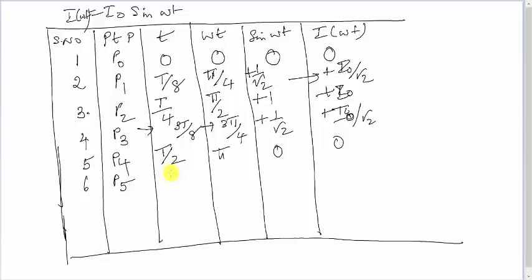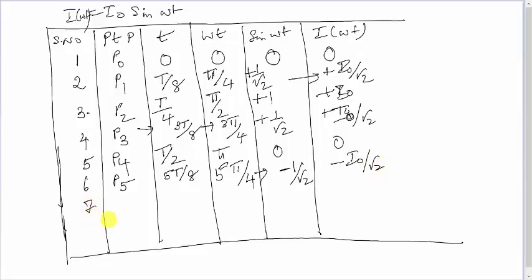Here after 4T by 8, 5T by 8. And this will be 5 pi by 4, for which the 5 pi by 4 goes to the third quadrant, so minus 1 by root 2. This will be minus I naught by root 2.